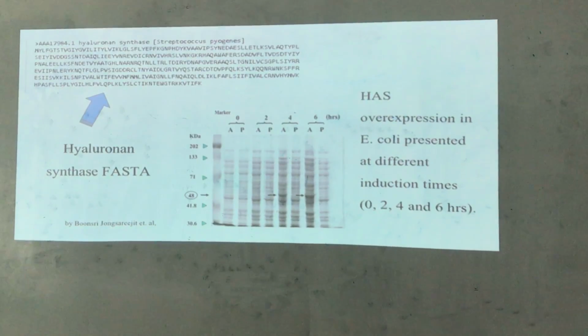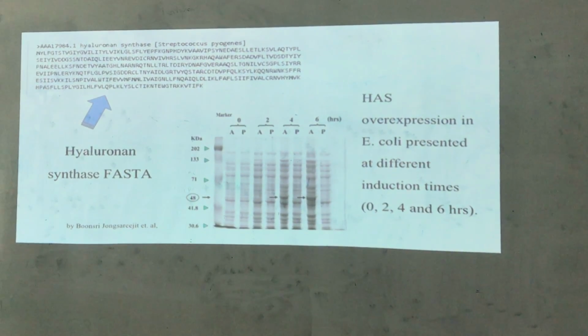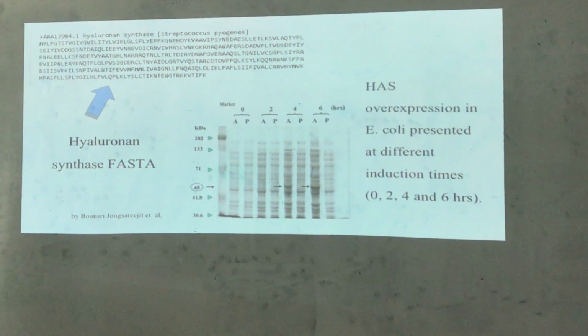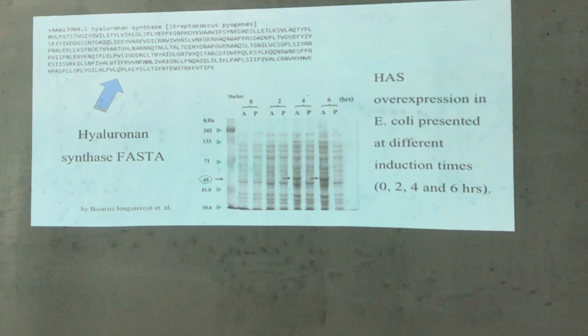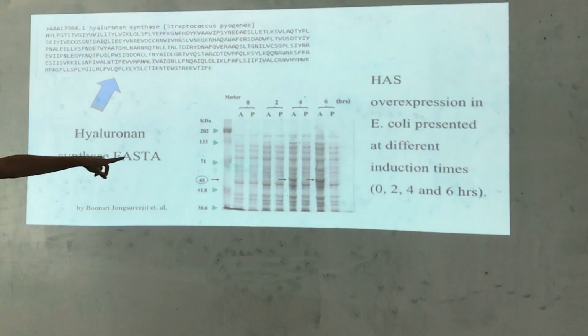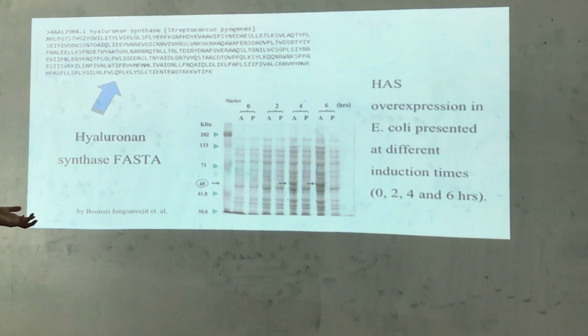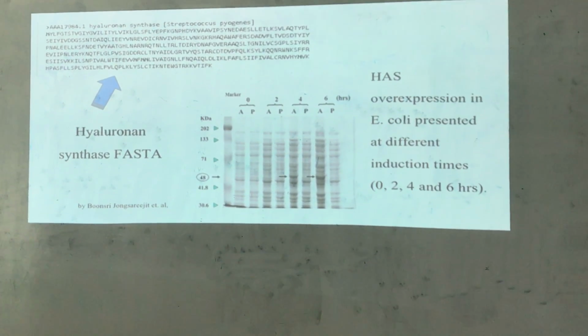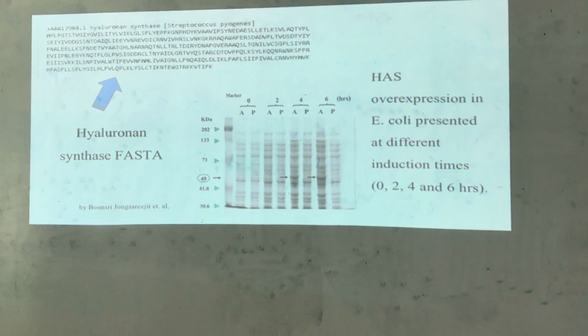Also, this author said that if you overproduce in E. coli with different conditions at different times, here you have the line of what is supposed to be the hyaluronic acid, and it has a bigger molecular weight than if you use conventional ways.